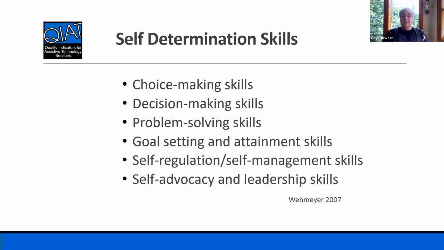And for each of these skill areas, there are assistive technology actions that we might be able to begin teaching our students as early as possible so that they are self-determined assistive technology users when they move from one environment to another.